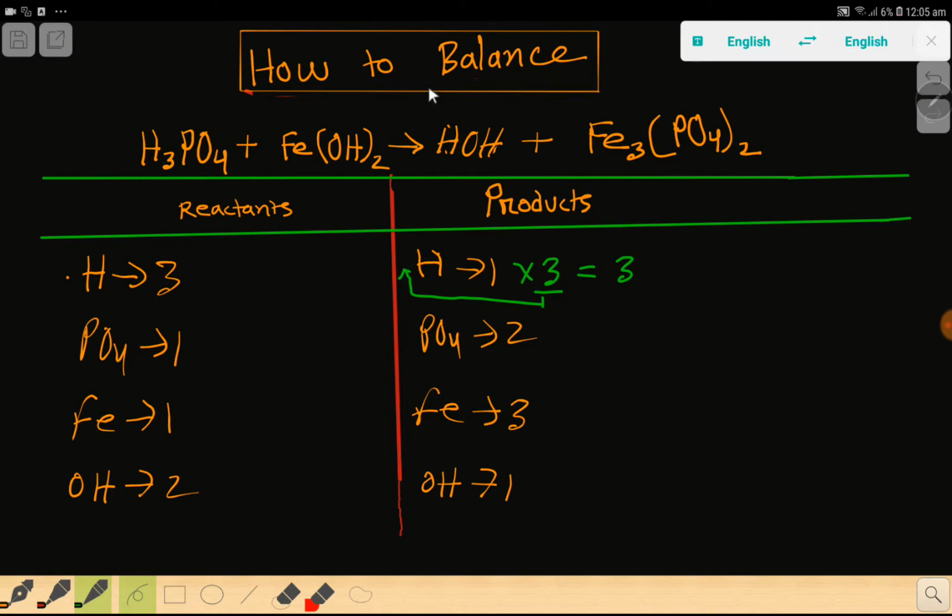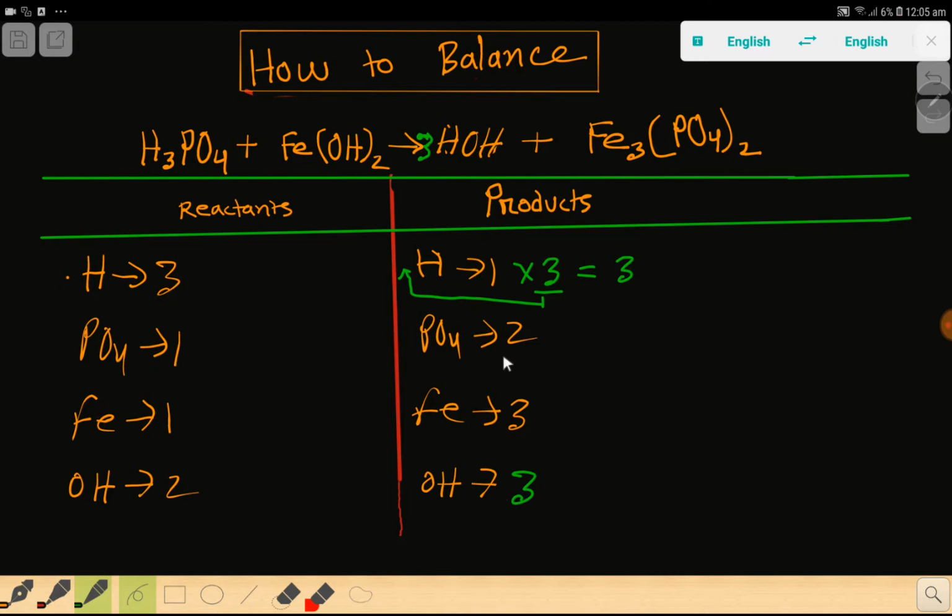That is, these 3 will come here. If you place here 3, the number of hydrogen is 3, already you have written. The number of hydroxide will be 3. So you need to write here the number of hydroxide. Okay. So hydrogen 3 is balanced.